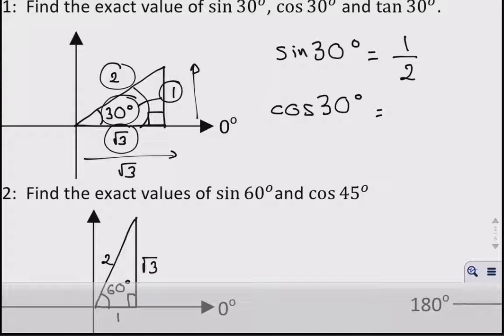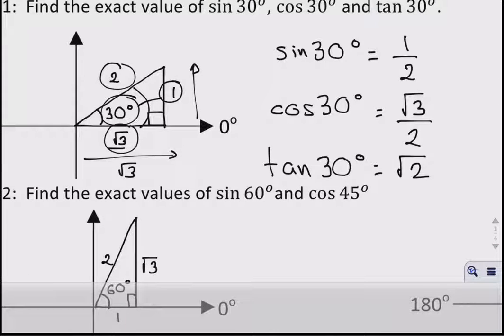In this case, it's going to be root 3 over 2. And tangent of 30 degrees is going to be, sorry, the opposite. In this case, it's 1 over root 3. Opposite over adjacent gives you my tan value. And that's it. You've superimposed the triangle into the plane. You just read off the angles as they appear.